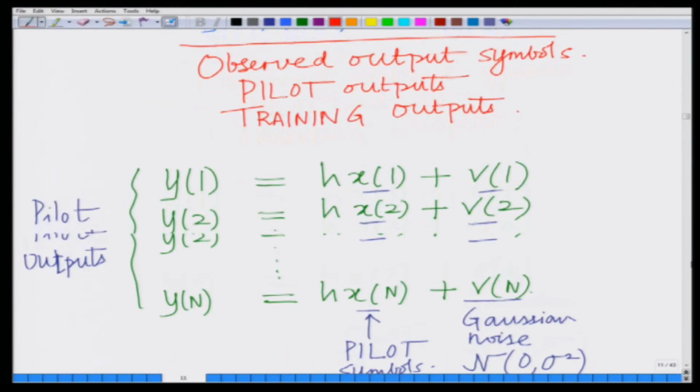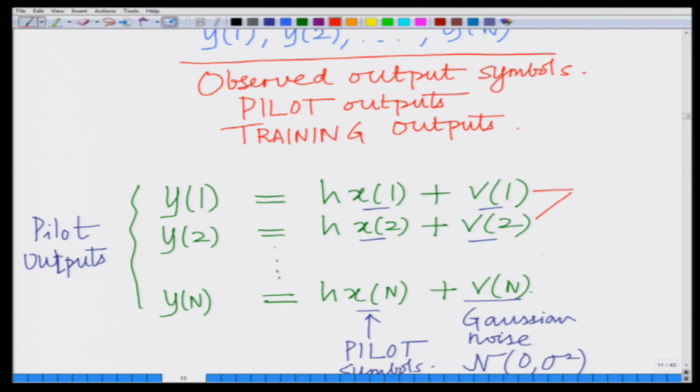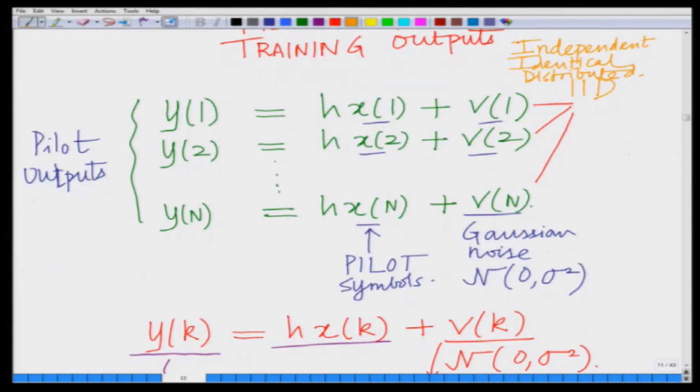Now, once again similar to the wireless sensor scenario, we are going to assume that these noise samples V1, V2, Vn are IID, that is independent, identically distributed. We know the meaning of IID, independent identically distributed.